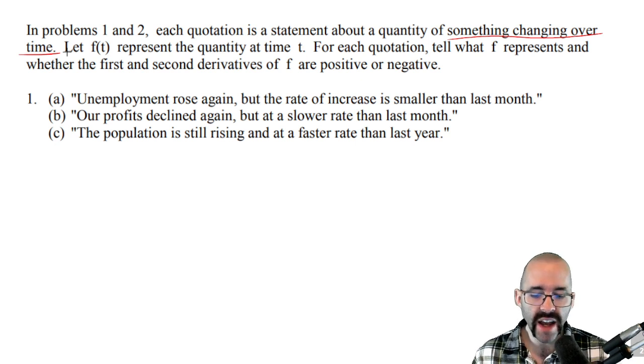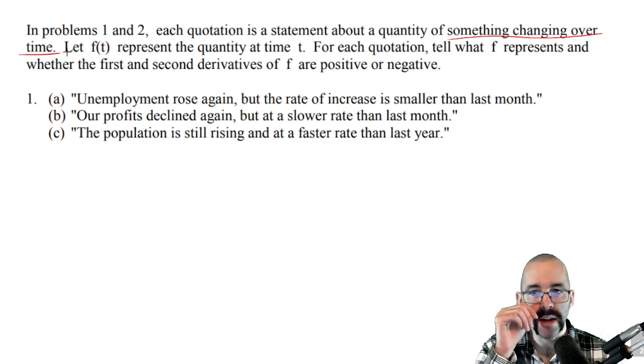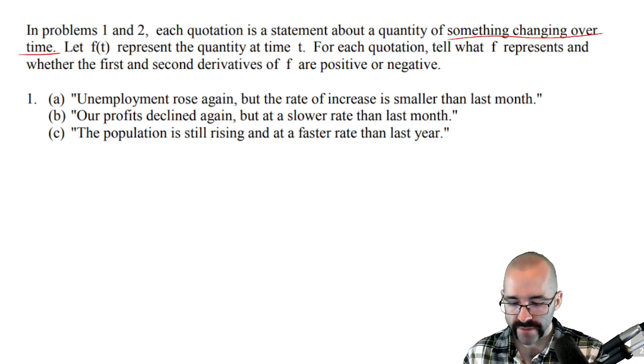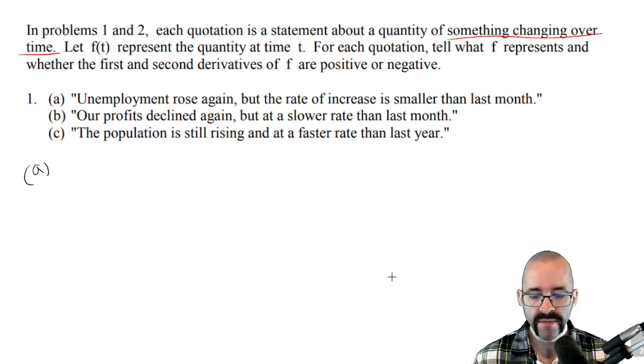Okay? So if f represents some quantity at time t, for each quotation, I want you to tell me what f represents and whether the first and second derivatives are positive or negative. So for letter A, unemployment rose again, but the rate of increase is smaller than last month.